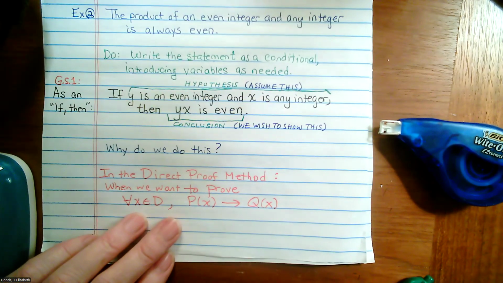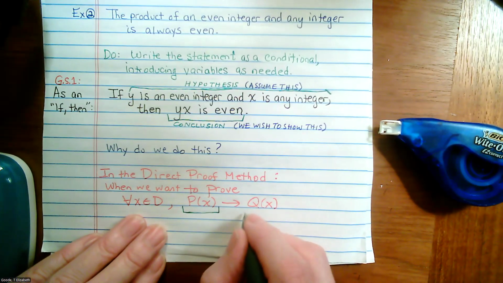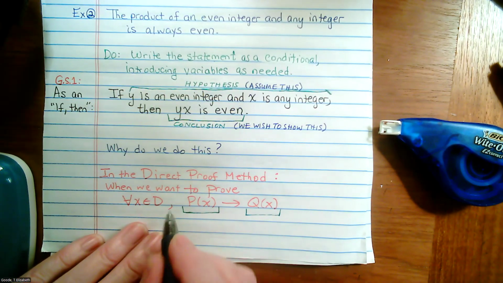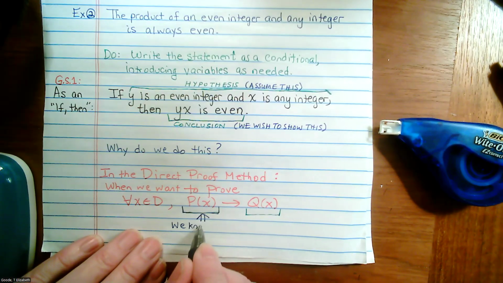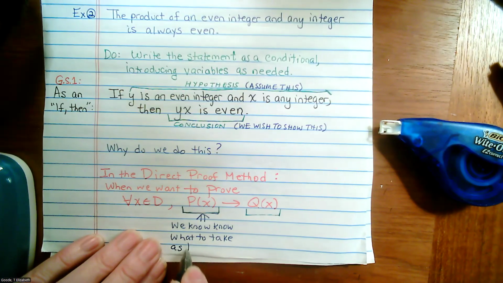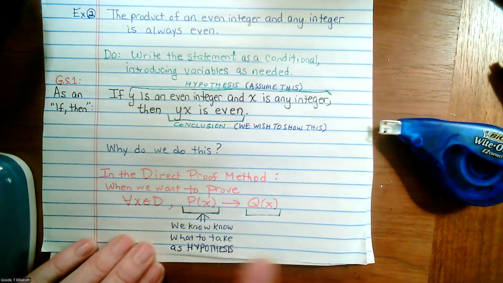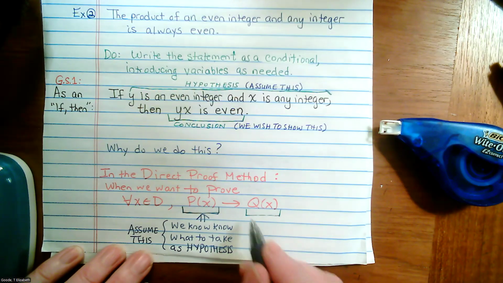When we can see the P of x and we can see the conclusion Q of x, then we know exactly what to take as hypothesis. The P of x, the hypothesis, is what we assume. We assume this, and that gives us a place to start.